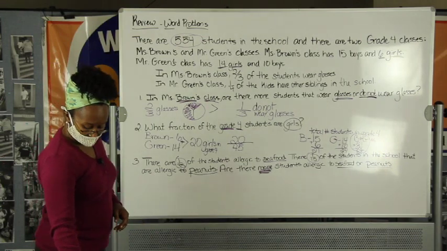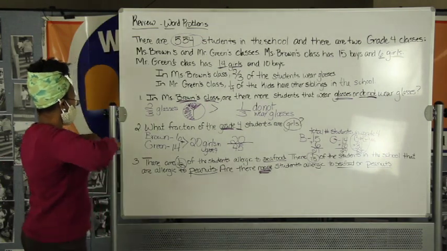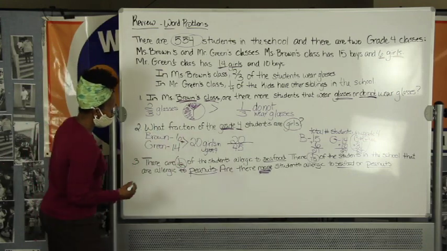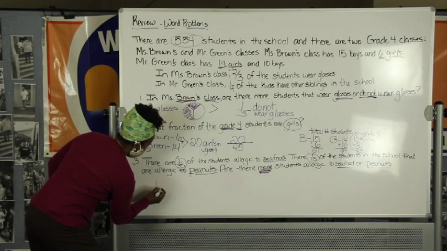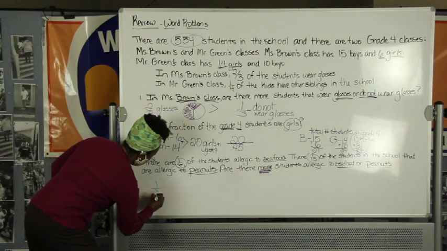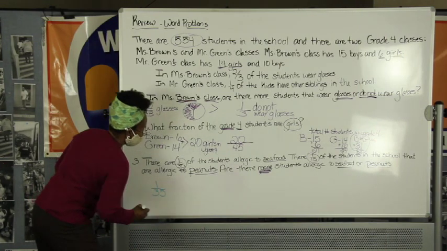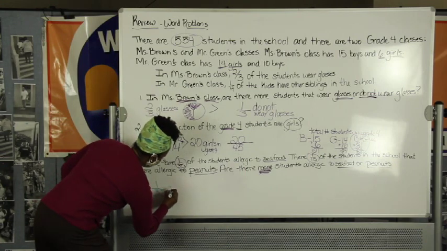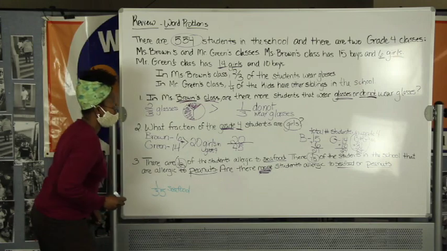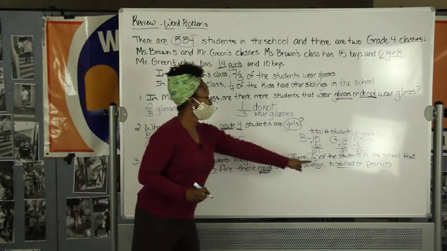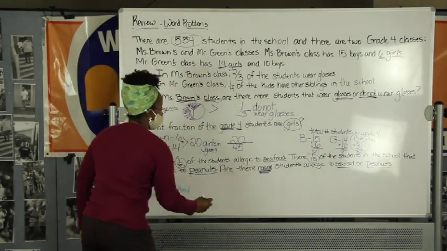Since I circled some stuff, we're at the bottom, I want to make it look different from the rest. So there's 1/35 of the students allergic to seafood. We're comparing seafood and peanut allergy.